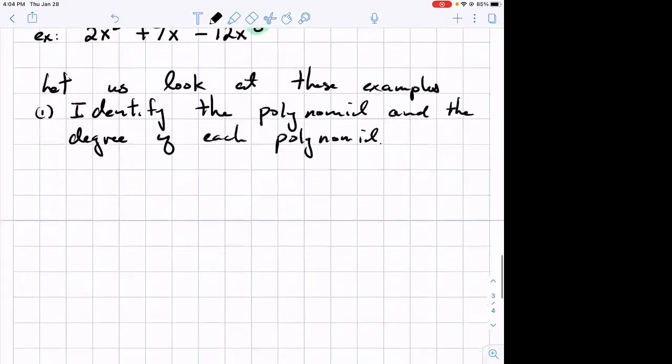Okay. So one, if we have 6x squared plus 2x minus 1.